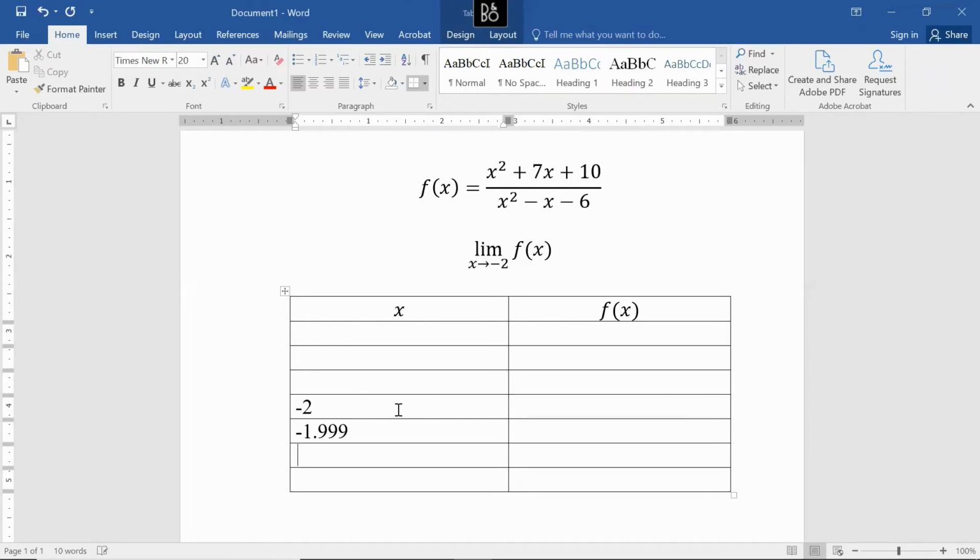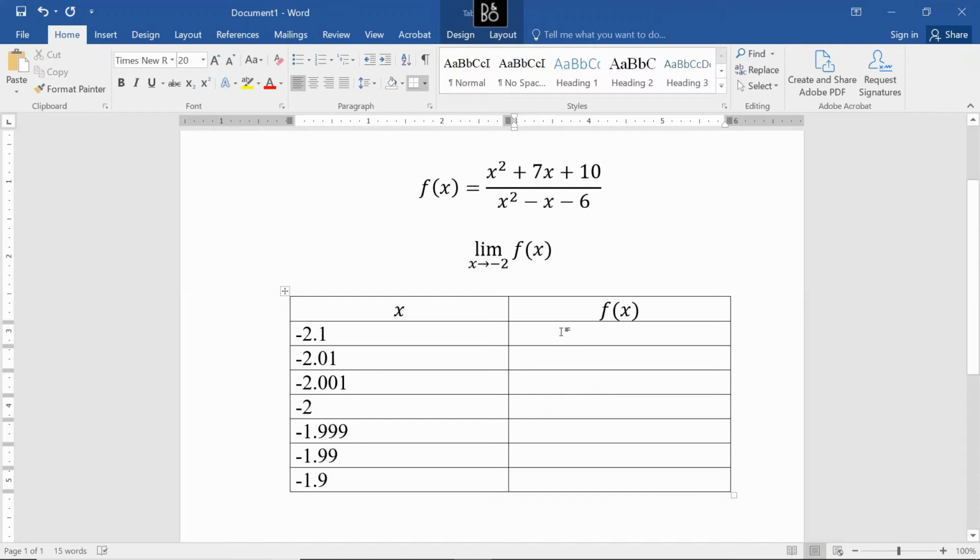From above is -1.9, -1.99, -1.999. Remember, from below is -2.1, -2.01, -2.001. So I started with a tenth away, then a hundredth away, then a thousandth away.